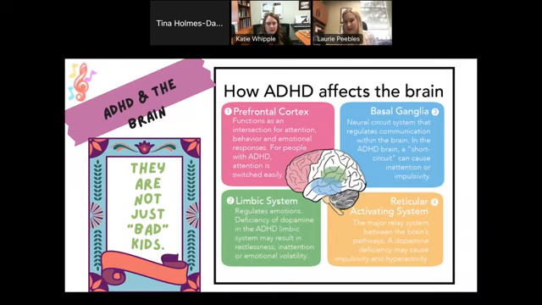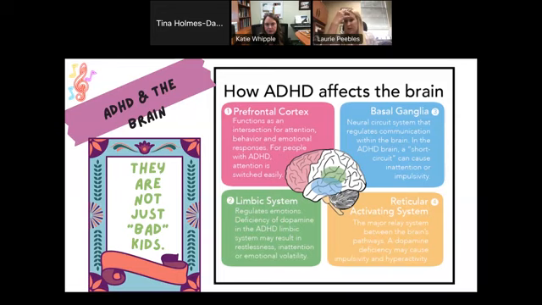But she said that in a loving way of basically saying they're not bad, but they're often labeled as, these are my bad kids in the class. But I really want to emphasize that the ADHD brain is different than a non-ADHD brain.